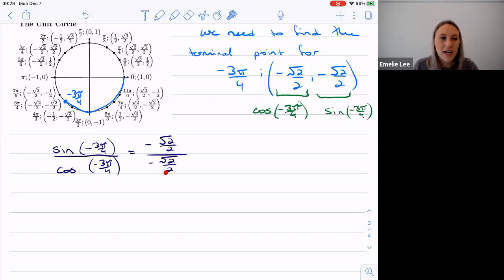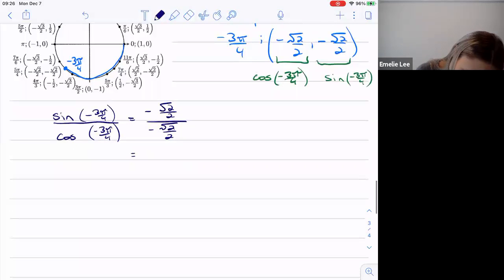This is just going to cancel out. If you want to be proper, you've got a fraction over a fraction. So to simplify a fraction over a fraction, you have to flip the denominator and multiply. If you cancel these negatives, because they're going to go away anyways, negative over negative is a positive.